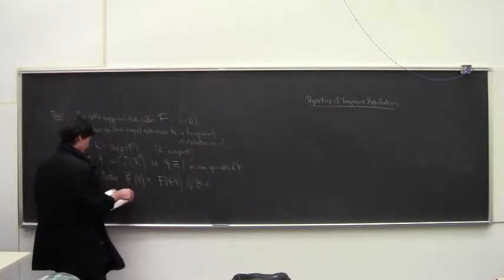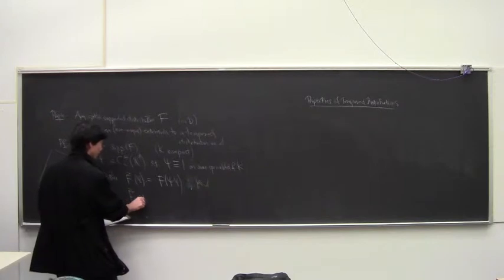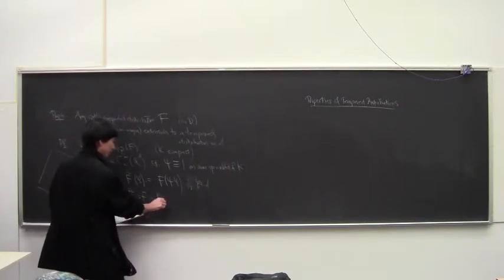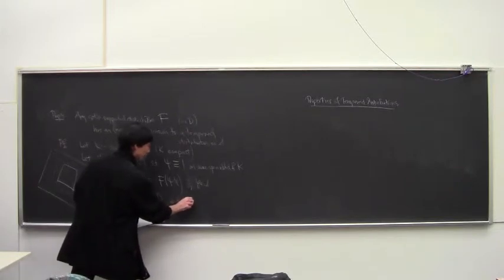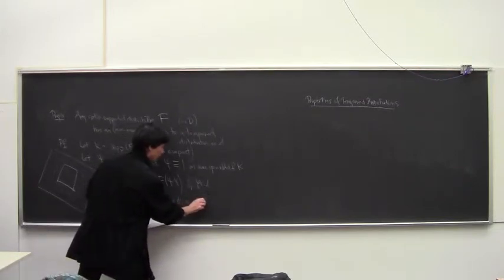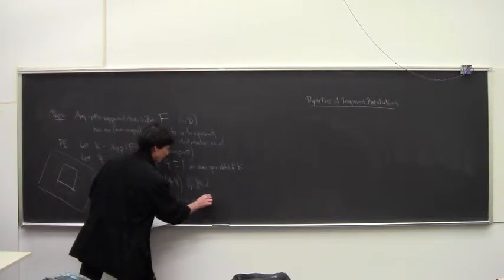So then f twiddle equals f on D. So it's an obvious extension of f.